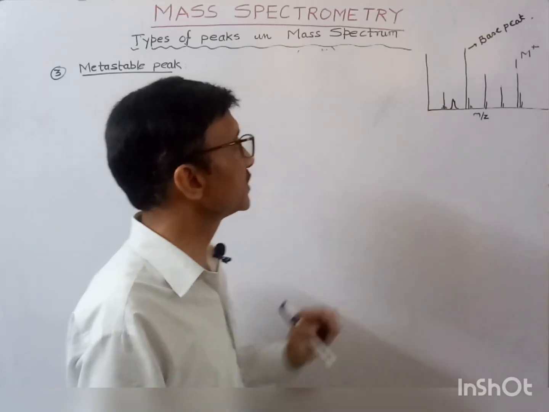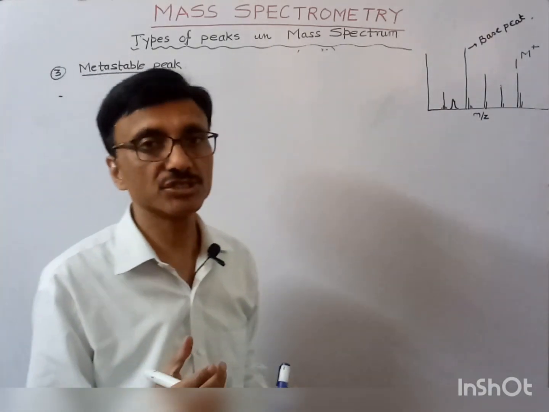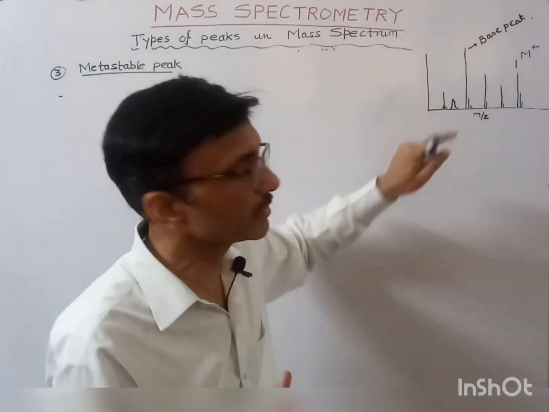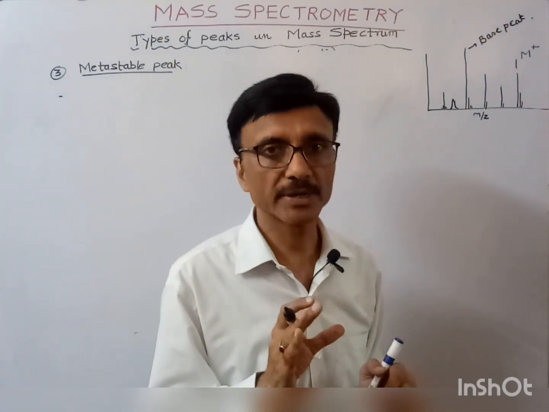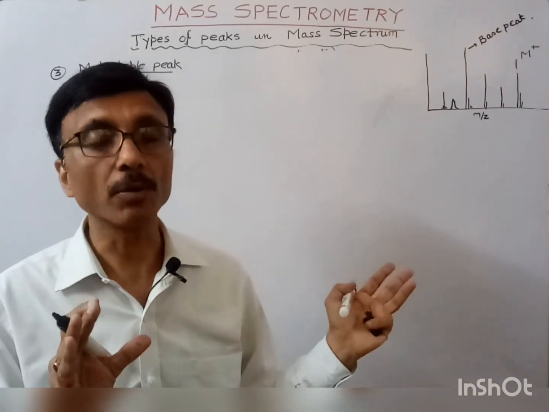So this peak which is broad and diffused is the metastable peak, and it always has very low intensity in comparison to the peak from which it is formed.